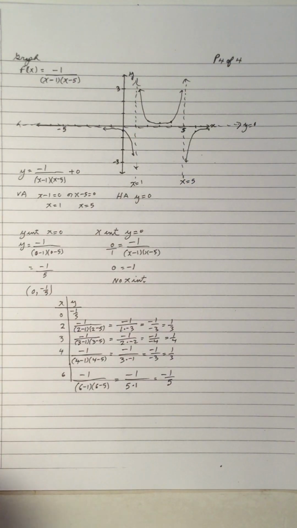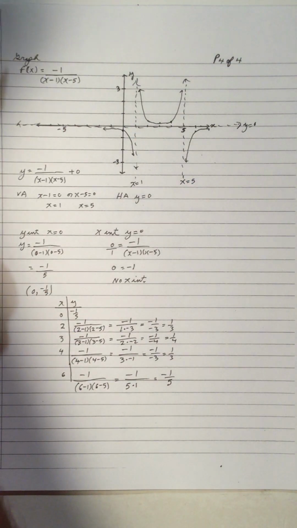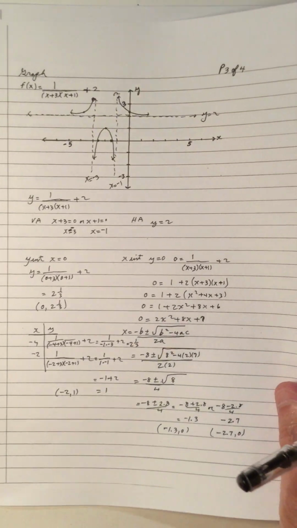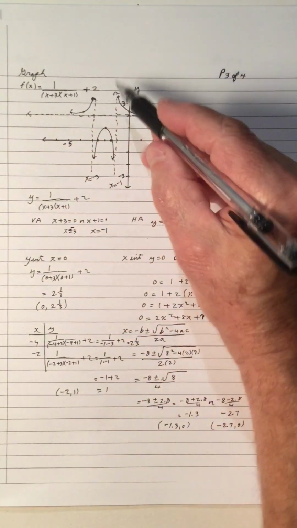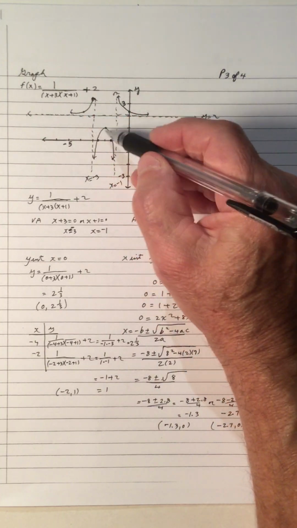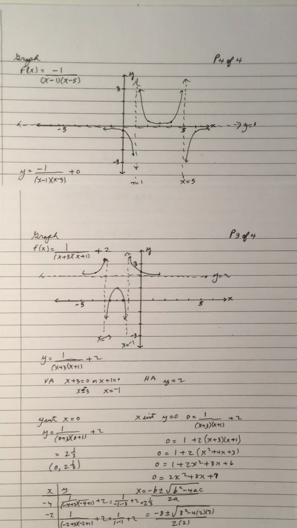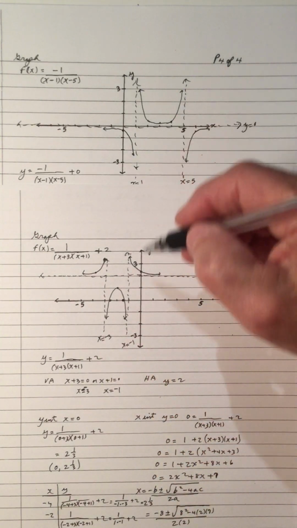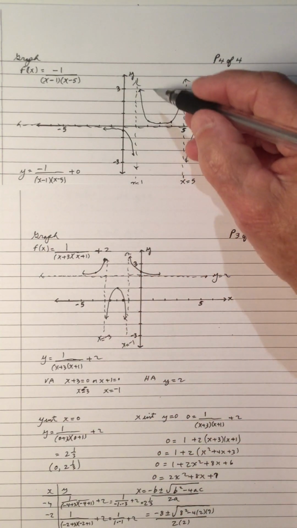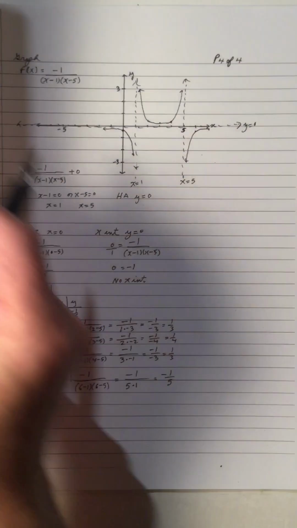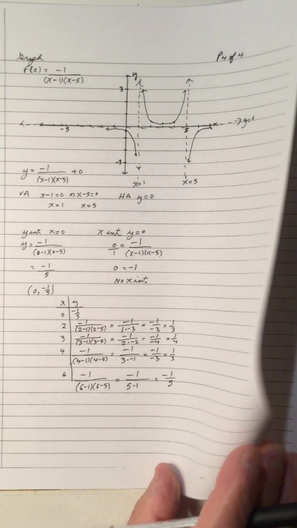If you look at one of the other ones, notice when it's positive, it's here and like this. But when it's negative, it's flipped over, so it's reversed. So this down here is up here.